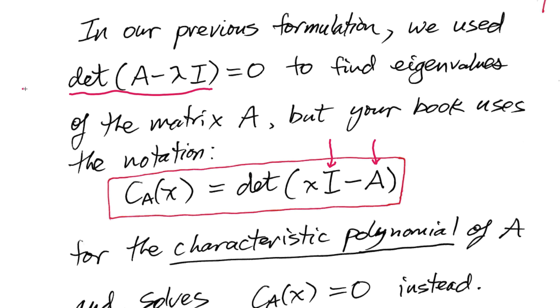Now what I've got here that I'm marking right here, the original, that is the more standard formulation. This formulation is equivalent, okay? They've changed the order in which they're taking the difference of the matrices here, and they've changed lambda to x to make it look like a polynomial in x, okay?